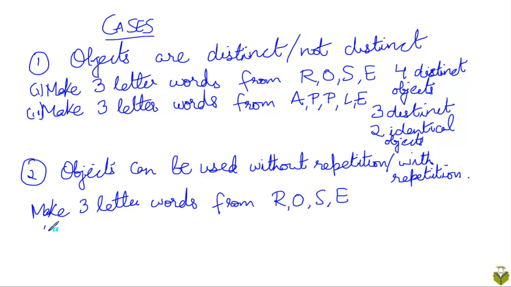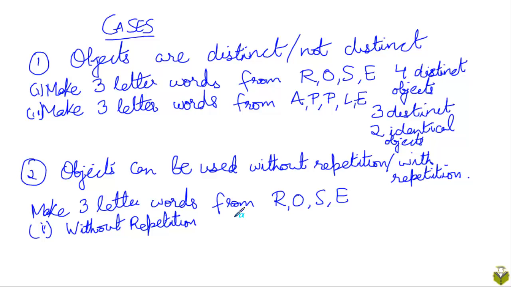So if we do it without repetition, what will that mean? That in a 3-letter word, you can only use each of these objects once.